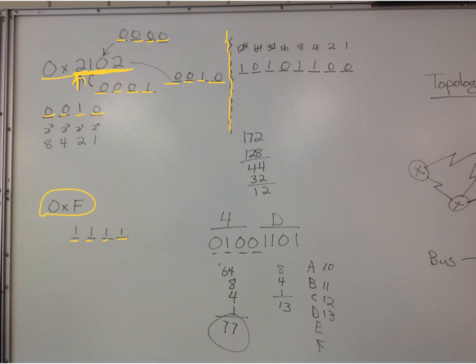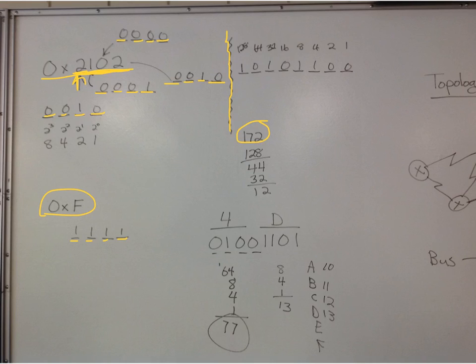Okay, then I said if we have 172, what is that in binary? So we took one group here, one group here, one group here, and then the 12, actually ends up being 44.